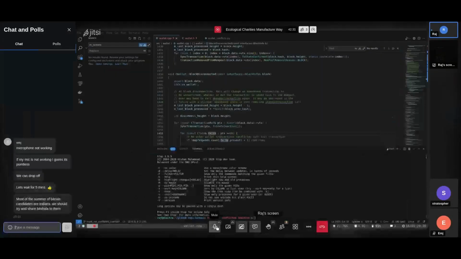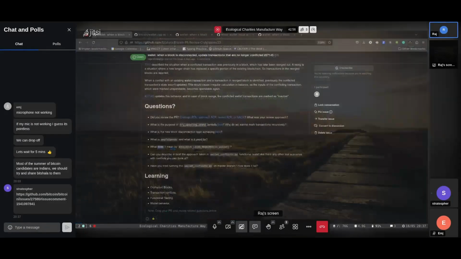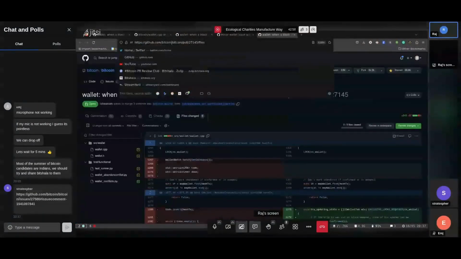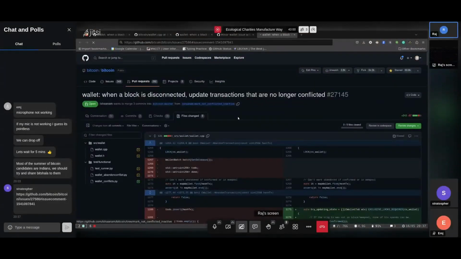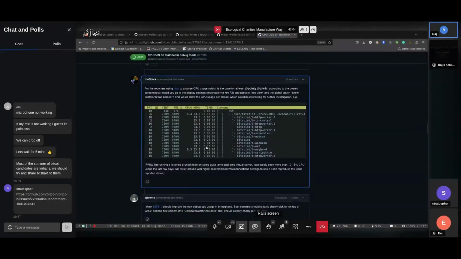You can send it here in the chat. They got all the threads using some command and the CPU usage for each.